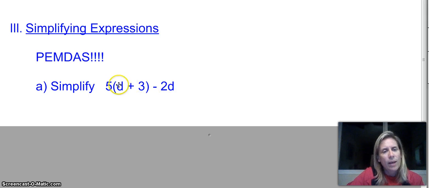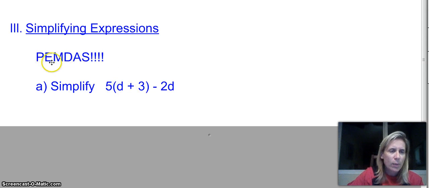So the first thing PEMDAS asks us to do is address the grouping symbols. So when we look at this, D plus 3, can we add those two things? Are they like terms? No, they're not like terms. There's a 1D, and here we have 3. It has no D's, so we cannot combine them.